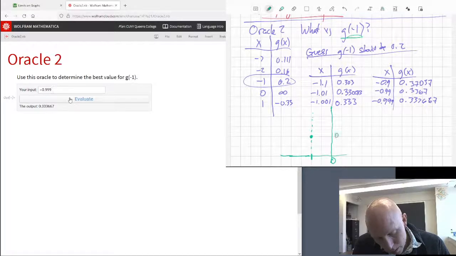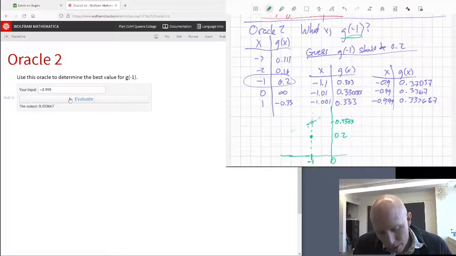So 0.2. So this is negative 1. But when we're very close to negative 1, the function value actually seems like it's getting closer and closer to positive 0.3333.